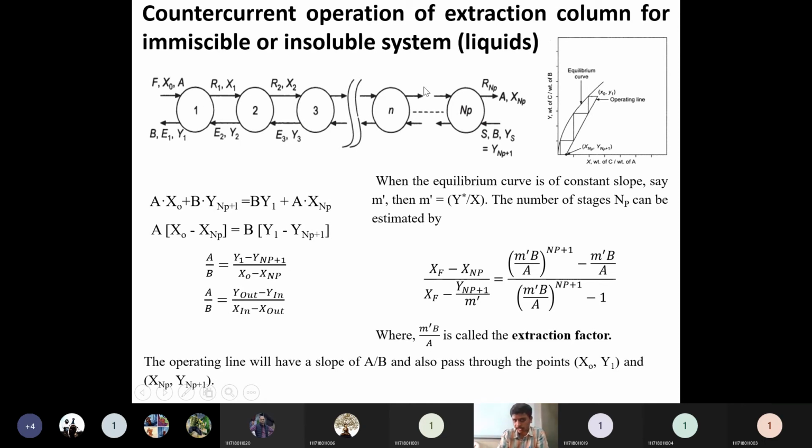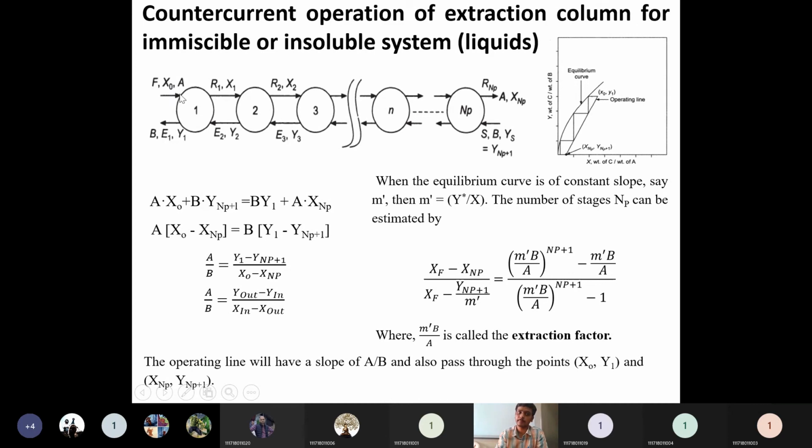Using this stack procedure, we have to conduct the material balance. Stack means all these NP stages we consider as a single stage or single stack. Then we can consider the overall material balance. Since this is an immiscible or insoluble case, we can directly use A. The A is going to stay constant in the raffinate stream, and B is going to stay constant throughout the extract stream.